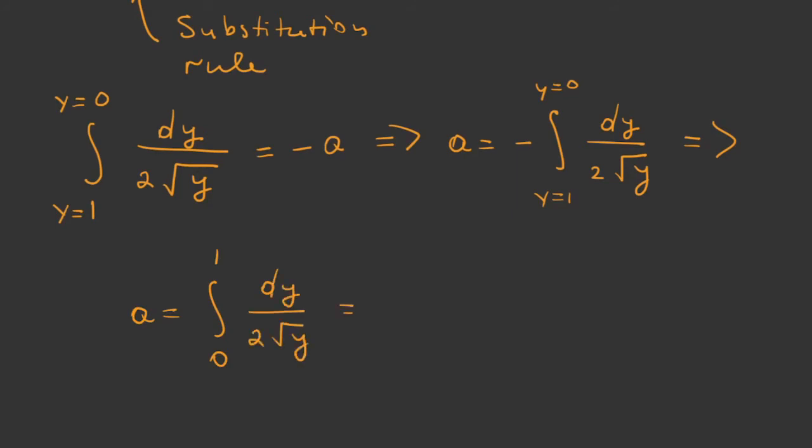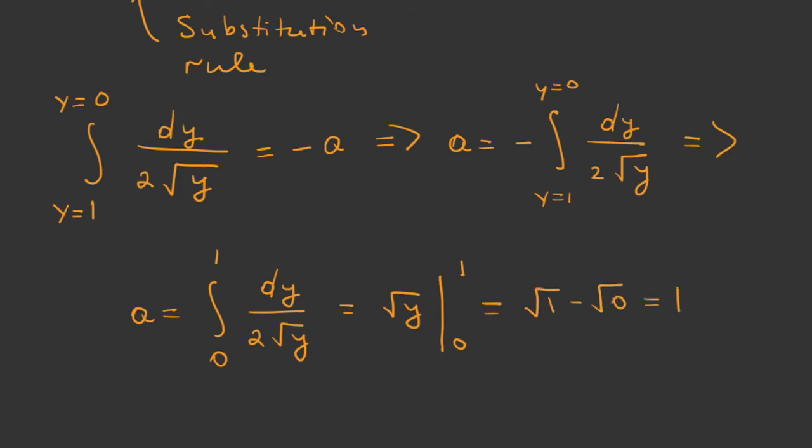And now it's very easy to calculate this integral. The antiderivative of 1 over 2 square root of y is just square root of y. And we can plug in the limits of integration into this antiderivative and then take the difference. Square root of 1 minus square root of 0 is equal to 1.